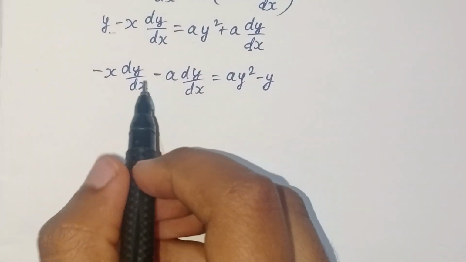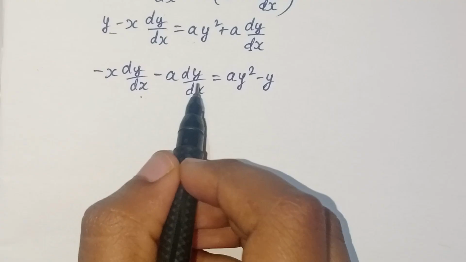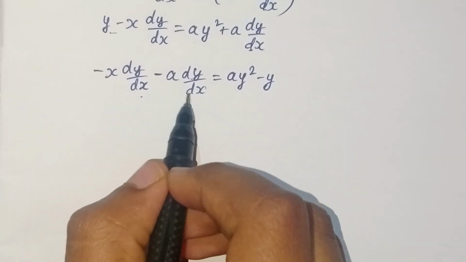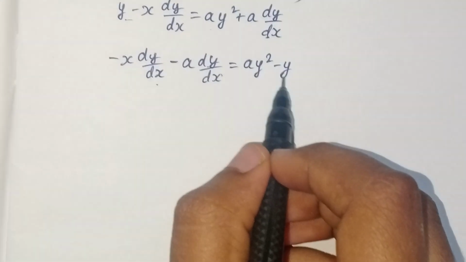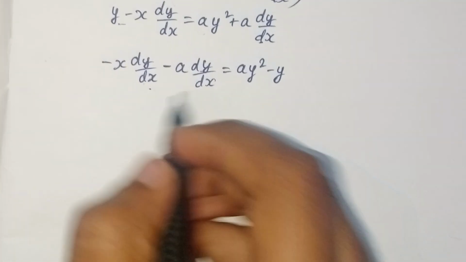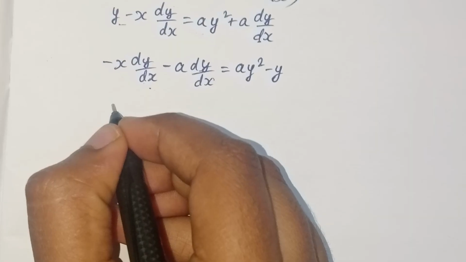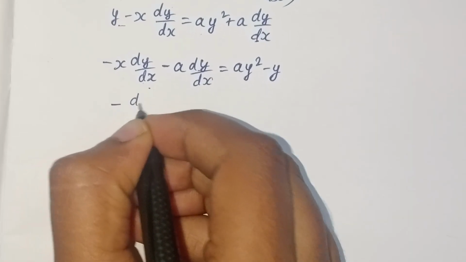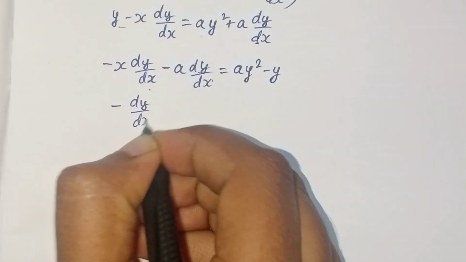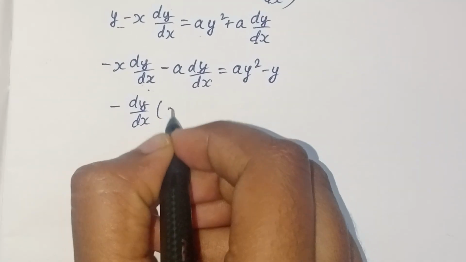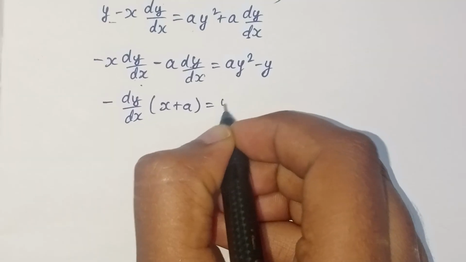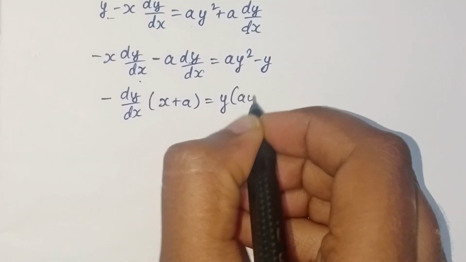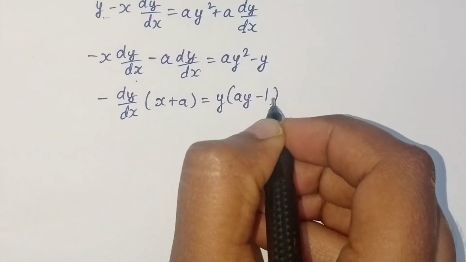Now we take dy by dx common on the left, and y common on the right. Then we get minus dy by dx into (x plus a) equals y into (ay minus 1).